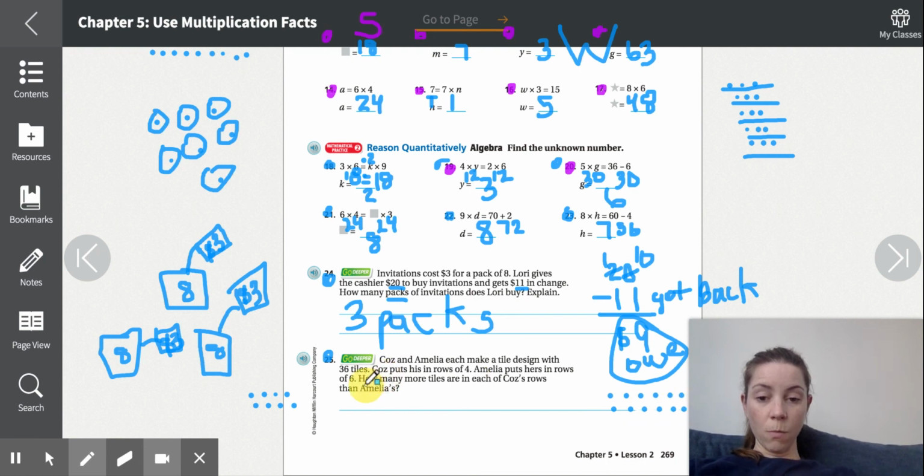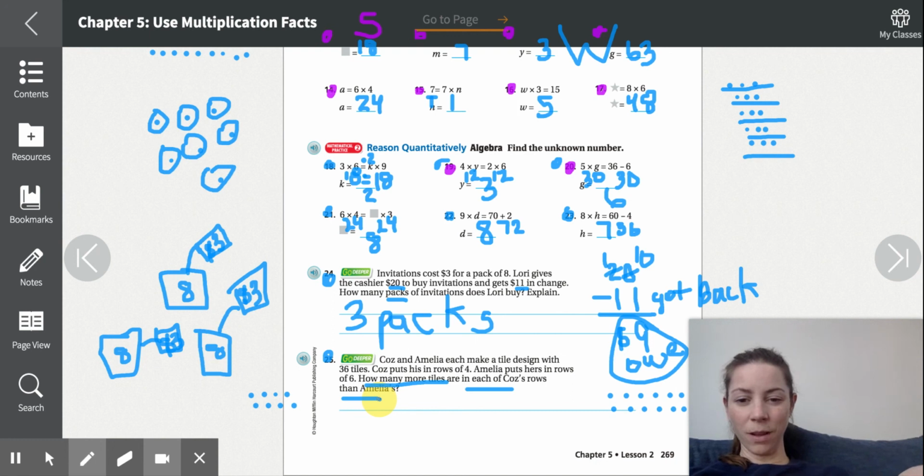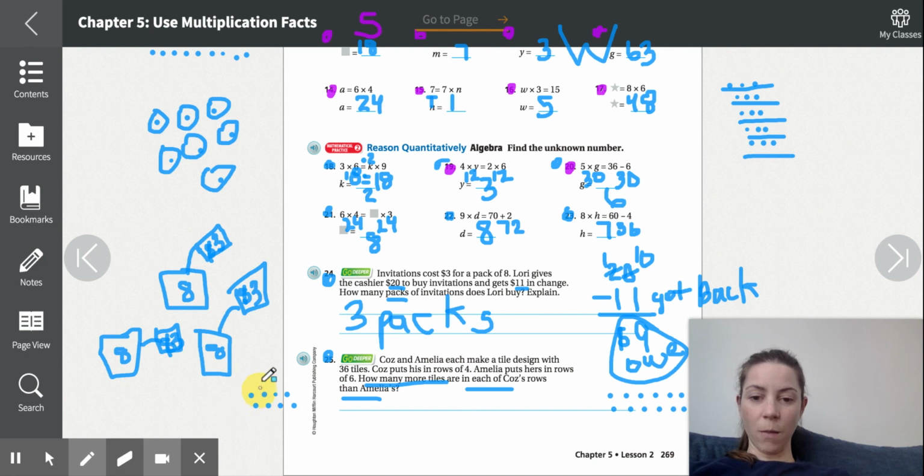How many more tiles are in each of Kaz's rows than Amelia's? Okay, again, this has an extra piece of information that you don't really need because they're trying to trick you again. They're just saying how many more are in each of his rows. So how many is in Kaz's rows? 4.